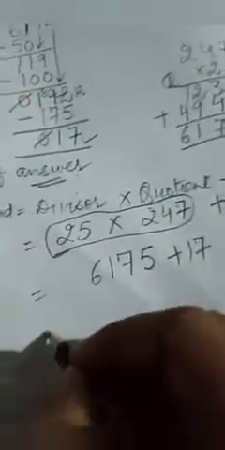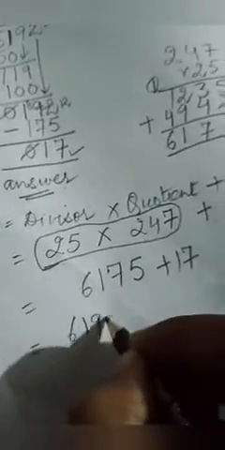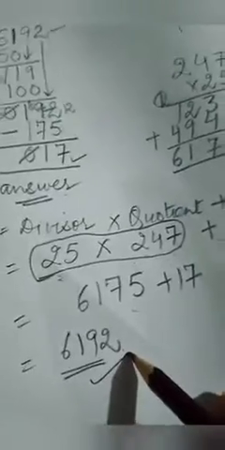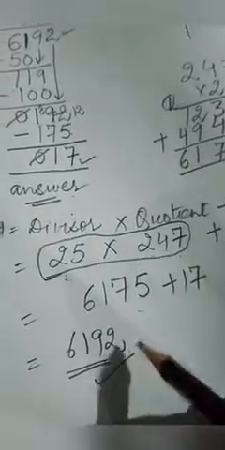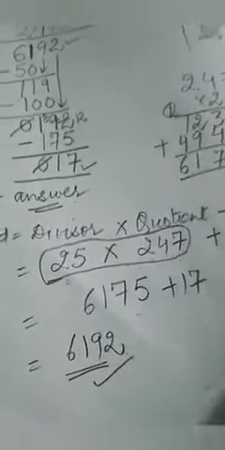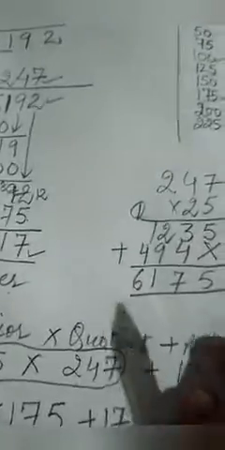We got 6192, and in the sum you can see the dividend is 6192. After doing this calculation we got the same dividend, so it means that our sum is correct, our calculation is correct.